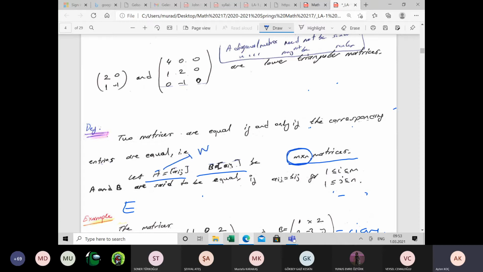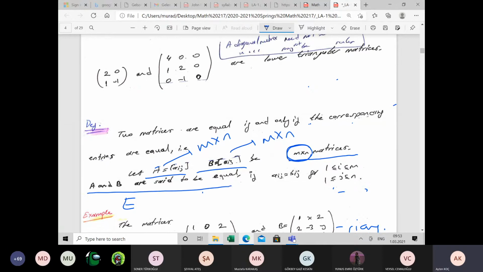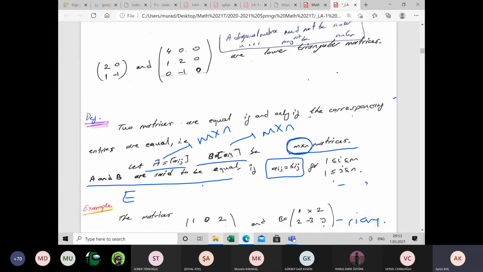This one is n by n, this one is n by n. So A and B are said to be equal if the corresponding entries of the matrices are equal.